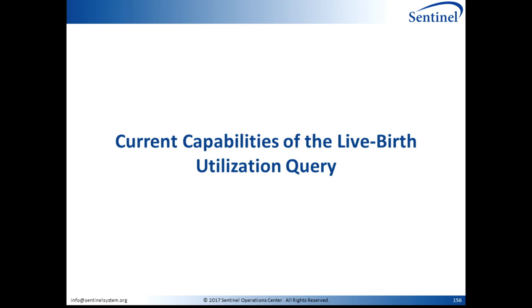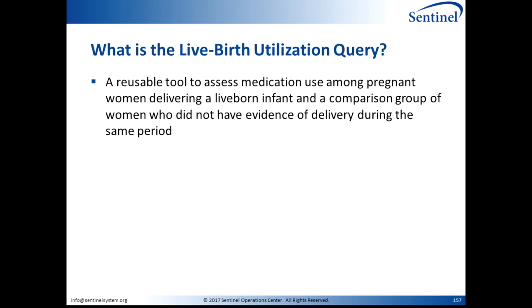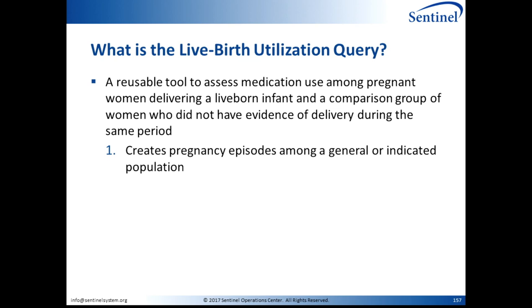So let's talk about these current capabilities. First of all, what is a live birth utilization query? Again, it's a tool or a computer program. It assesses medication use among a group of pregnant women who deliver a live-born infant, and then a comparison group of women who did not have evidence of delivery during that same time period. The first thing we do is create what we think of as a pregnancy episode.